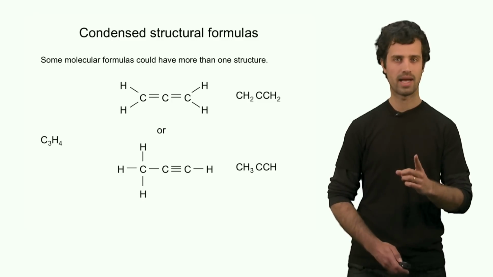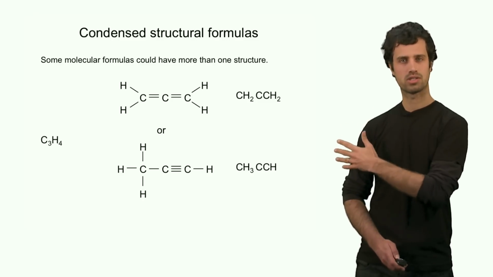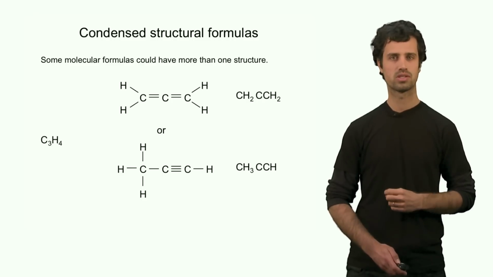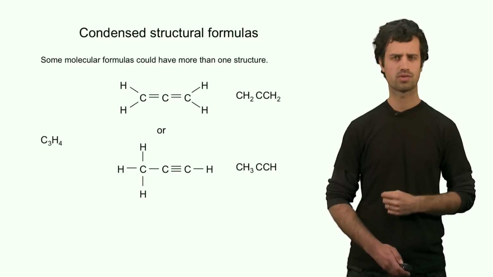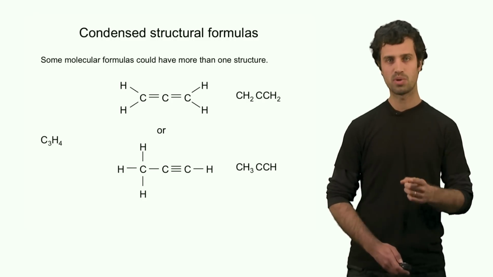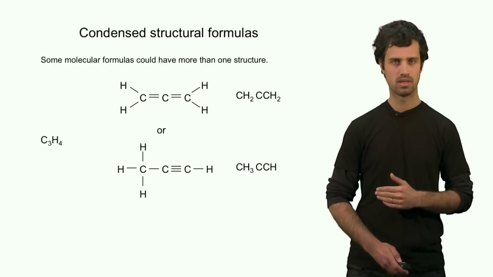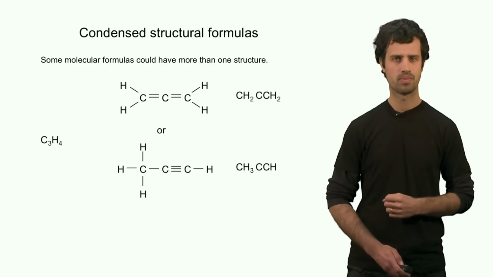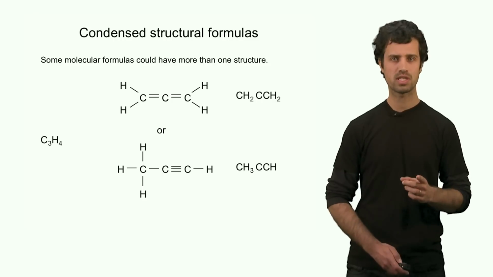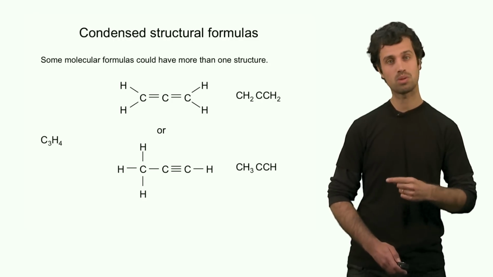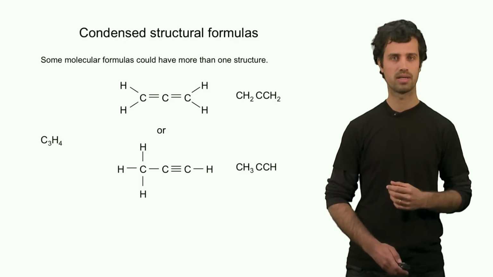Now note that each carbon in these structures is connected with 4 bonds to its neighbors. Each carbon has 4 bonds. These bonds do not have to be single bonds. They can be double bonds or triple bonds. But each carbon must have 4. Based on this rule alone, we can specify where in the structure there needs to be a double bond or a triple bond.